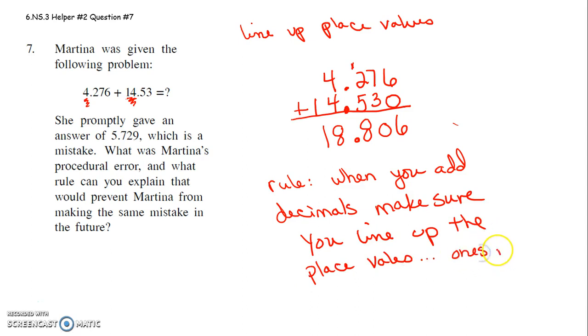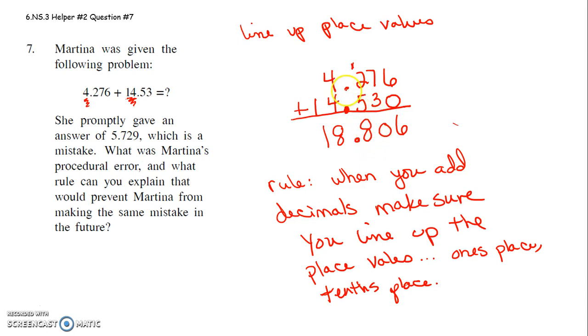Ones place underneath the ones place, the tenths place underneath the tenths place, and so on. And if you line up those place values, your thousandths place, your hundredths place, your tenths place, your ones place, your tens place, you're guaranteed to come up with the correct answer.